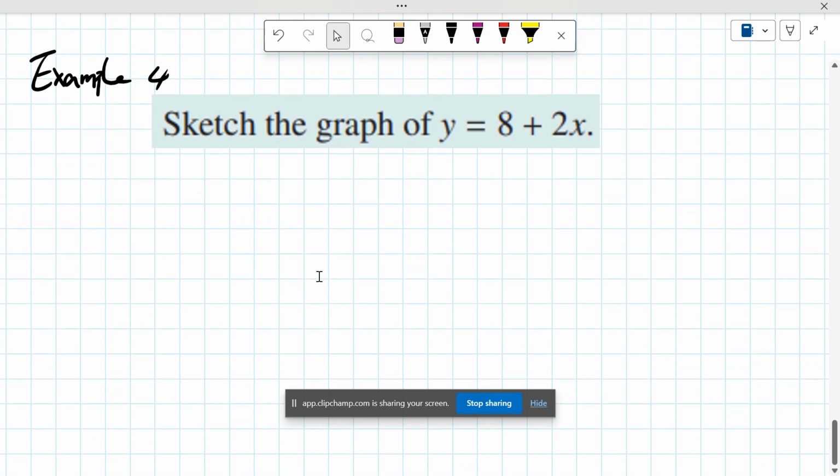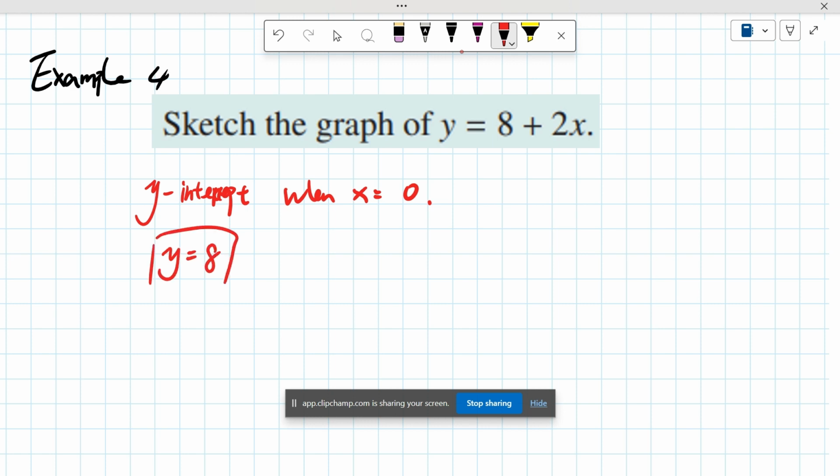Now we're going to sketch this graph. Remember, if you know 2 points, you can graph the line. For the first point, find the y-intercept: when x equals 0, y equals 8, so the first point is (0, 8).